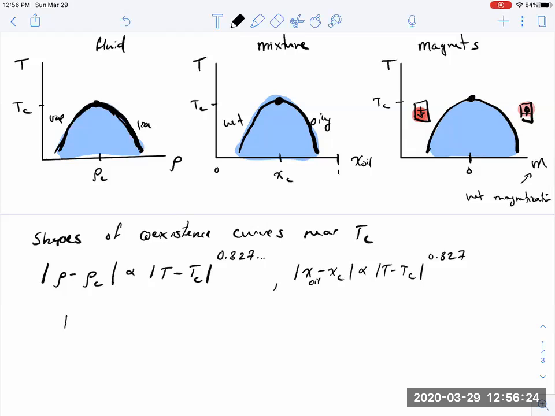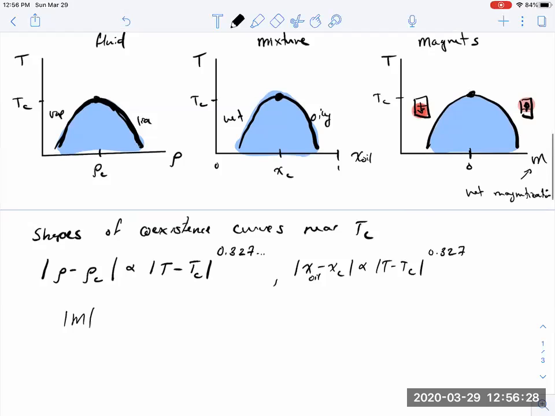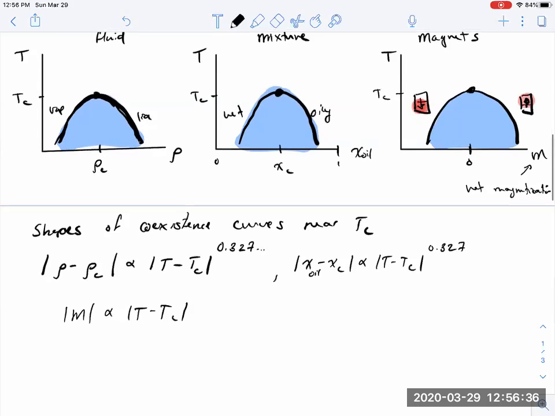What always blows my mind is if you were to do the same sort of experiment with a magnet and ask how does the net magnetization vary as that system approaches its critical temperature. Anyone want to guess what that power law is? It's exactly the same power law as what one measures for a mixture or for a liquid-vapor transition.